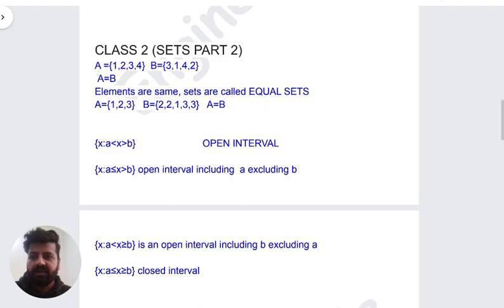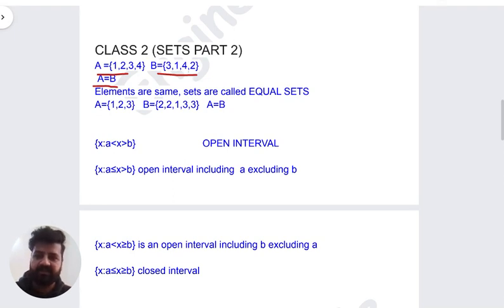Now here are two sets, set A and set B. Set A contains 1, 2, 3, 4. There are 4 elements in set A and there are 4 elements in set B also. Then I will say set A is equal to set B. As we can see, all the elements of set A are the same as all the elements of set B. The order of writing the elements doesn't matter.